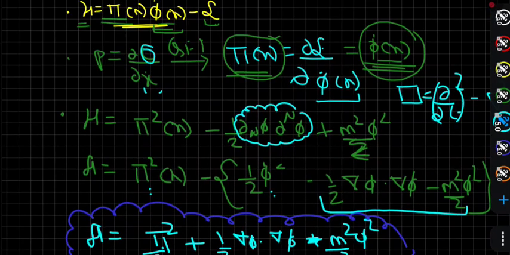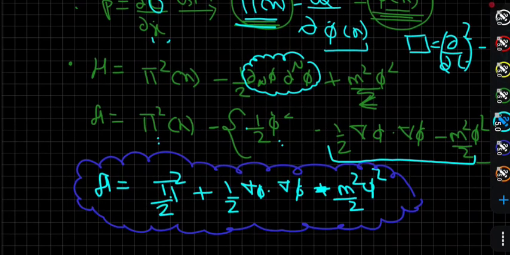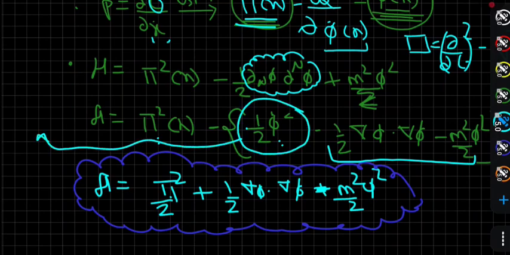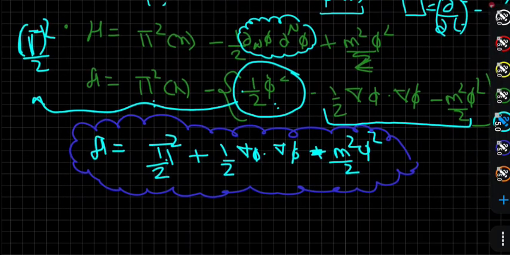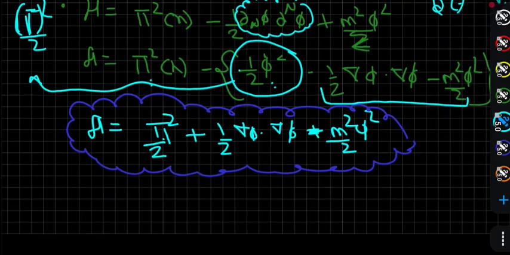See carefully, I derived that pi x is equal to phi dot x. It means this phi dot square x is just pi x square. So this is just the momentum density whole square divided by 2, and that's what I did here. Then you take the LCM and you will get this.